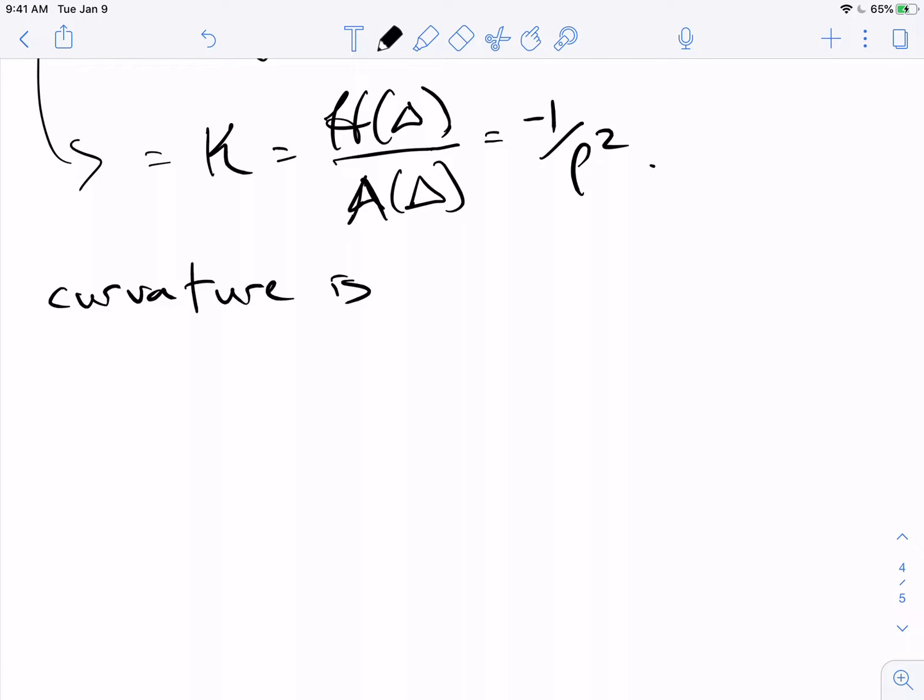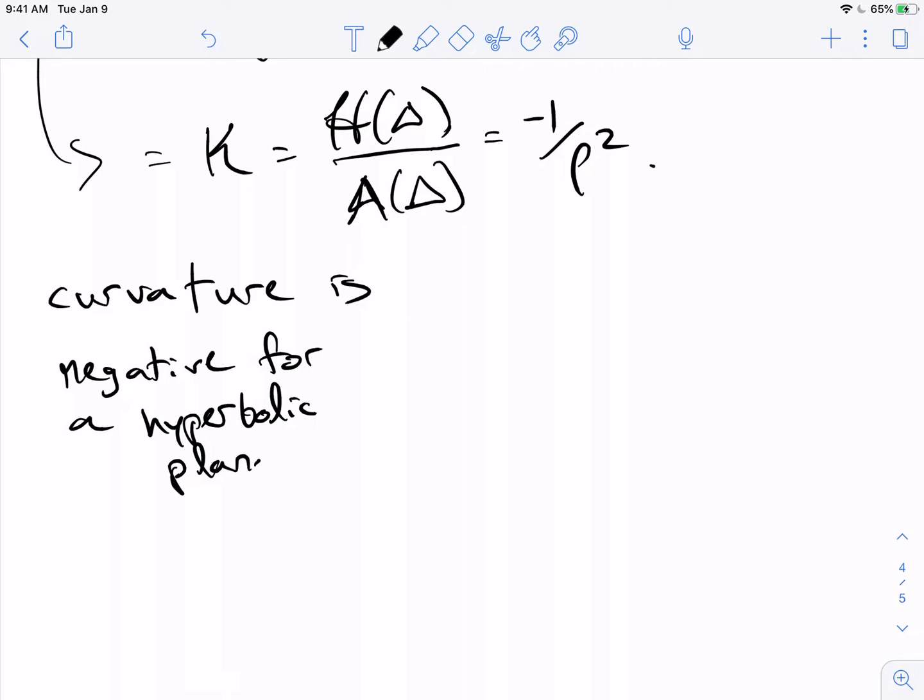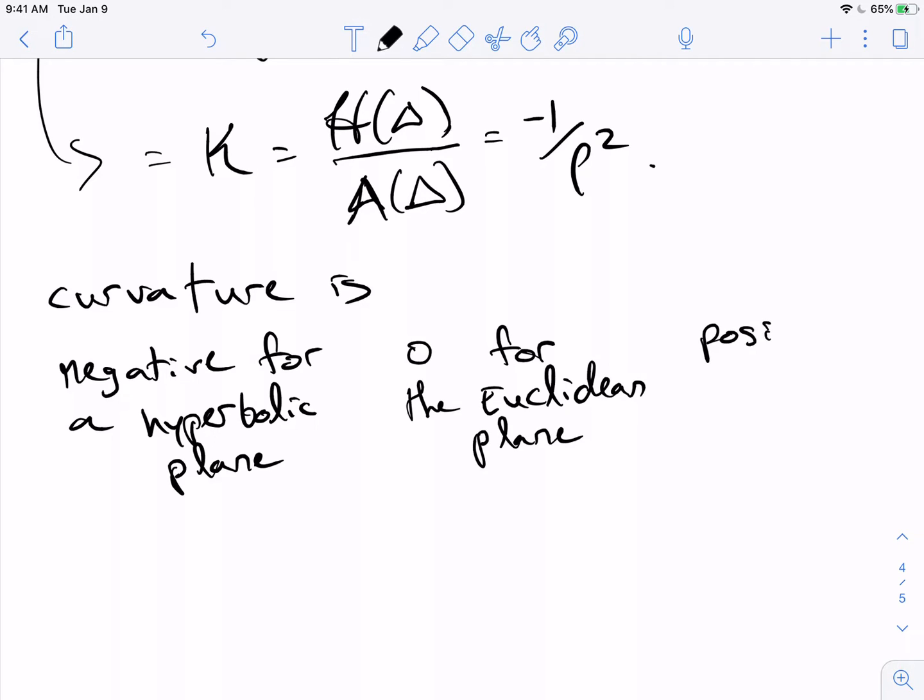Okay, and so what we see is that the curvature is negative for a hyperbolic plane. It's 0 for the usual plane, the Euclidean plane, and it's positive for the sphere.